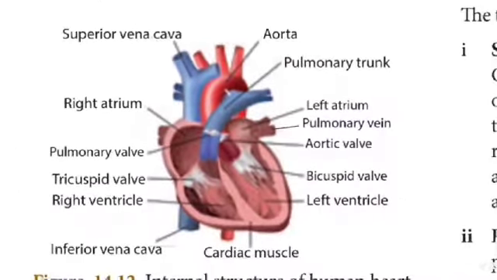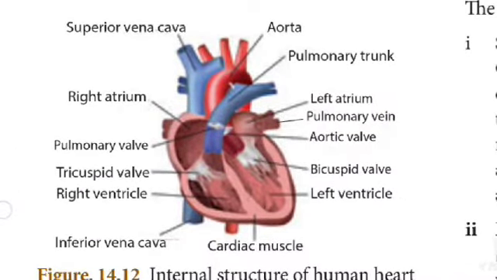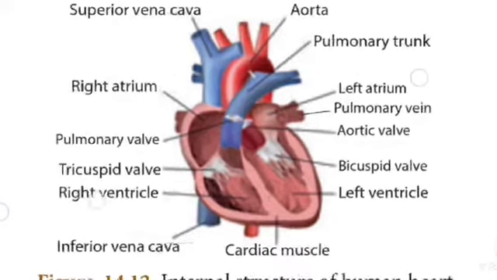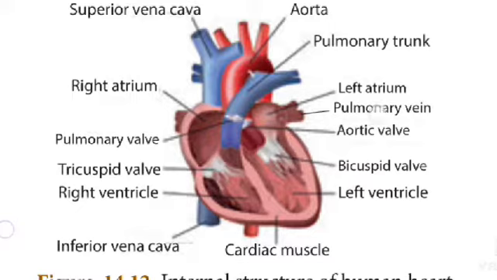See the internal structure of the human heart: superior vena cava, aorta, pulmonary trunk, right atrium, left atrium, and pulmonary veins, aortic valve, pulmonary valve, and tricuspid valve, right ventricle, bicuspid valve, and left ventricle, cardiac muscles, inferior vena cava.